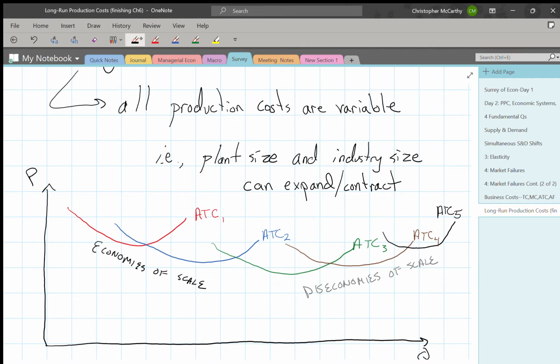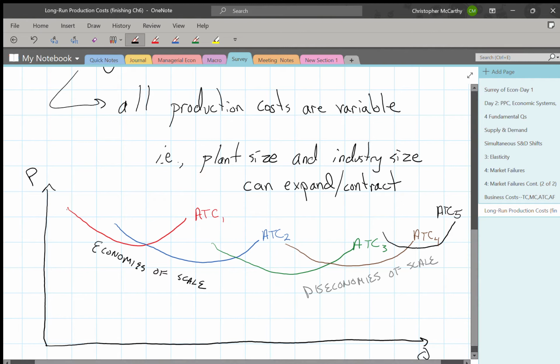So our long-term average total cost curve ends up being what's called the outer envelope of all of these cost curves. So we just trace the outer bits of all of it as it relates to the x-axis, right?